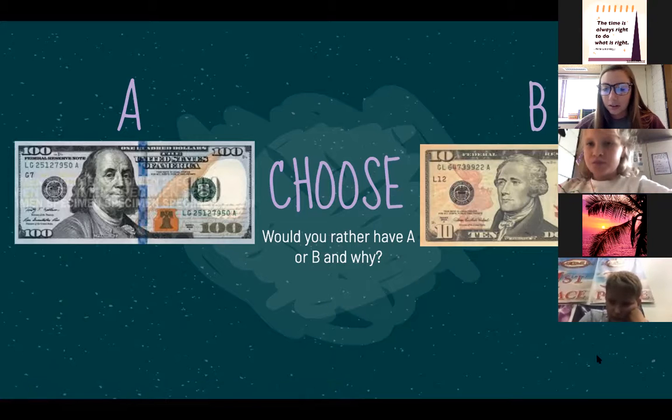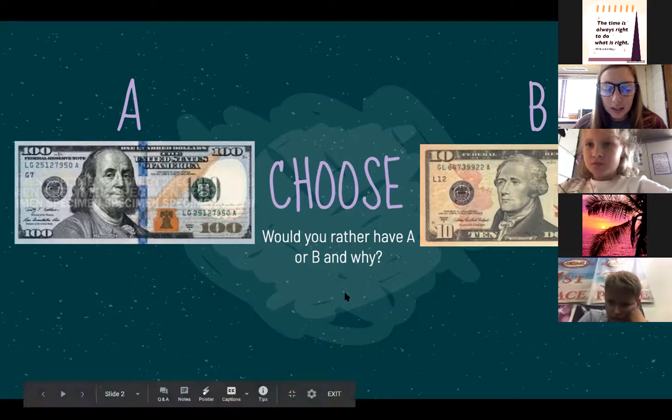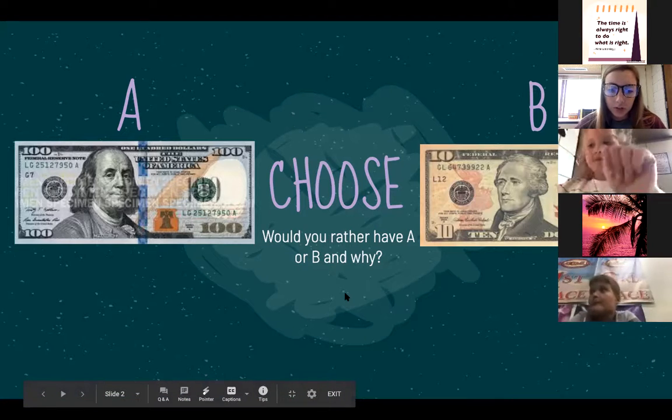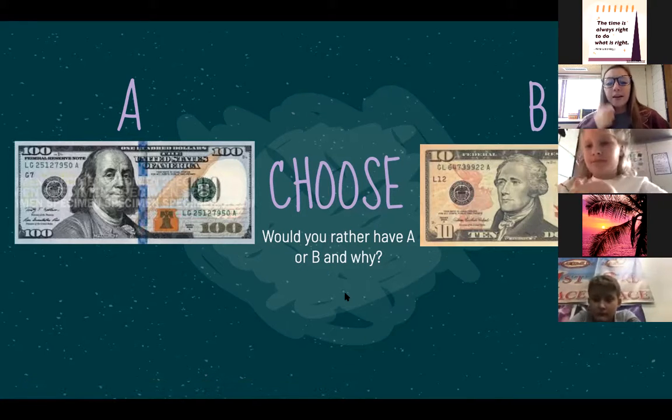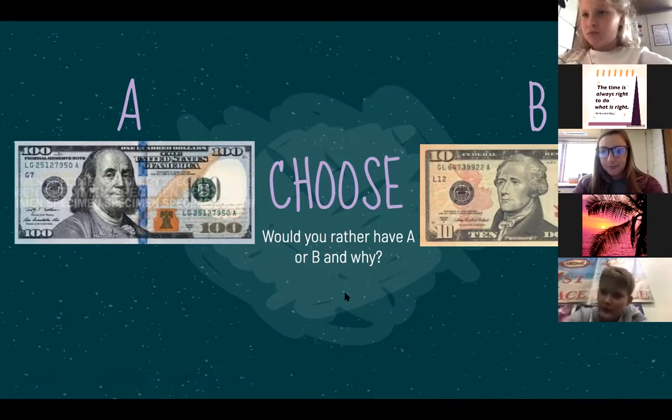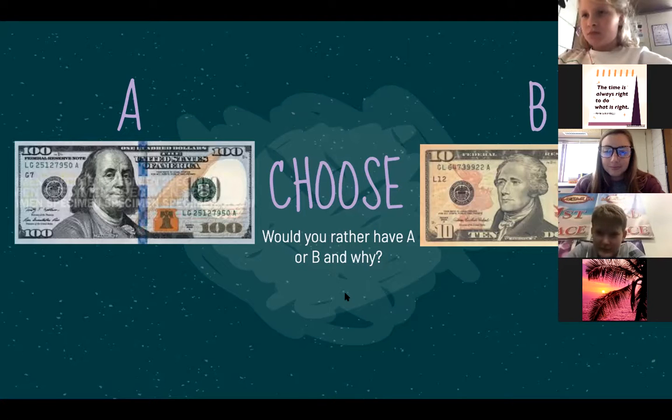All right, I'm going to call on some random friends. Please make sure that you're participating at least in the chat so that I know you're here. Thank you so much. All right, Josiah B, what would you choose and why? I will choose A because it costs more. So it's more money. You want more money?